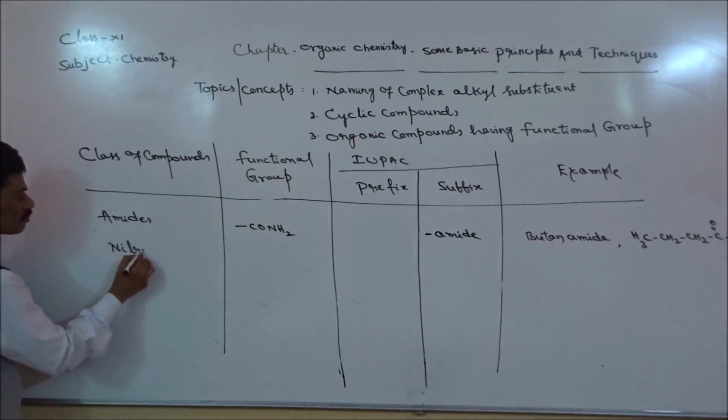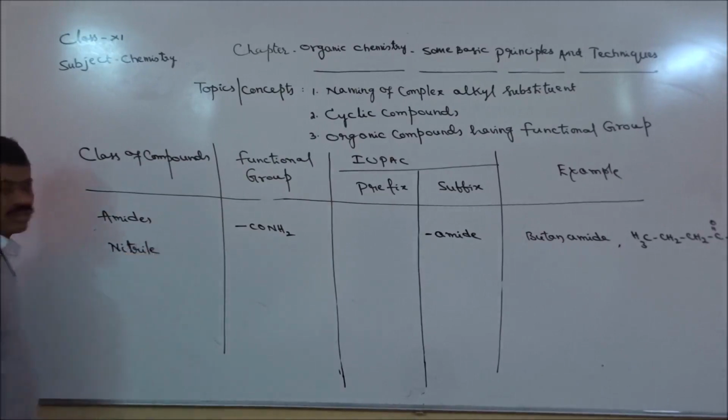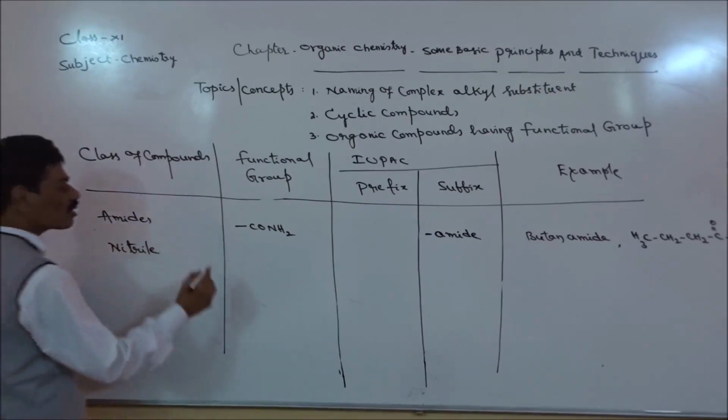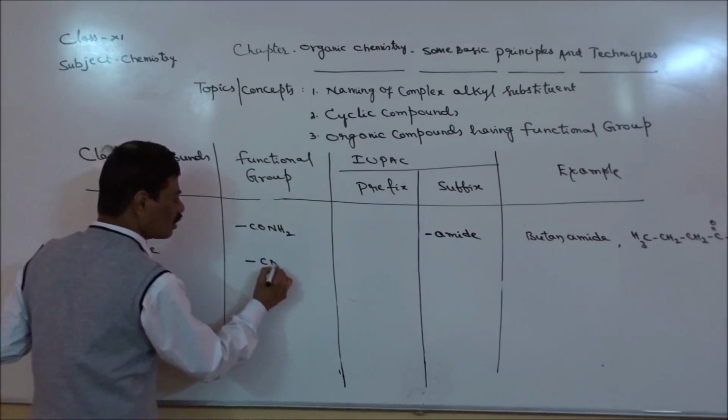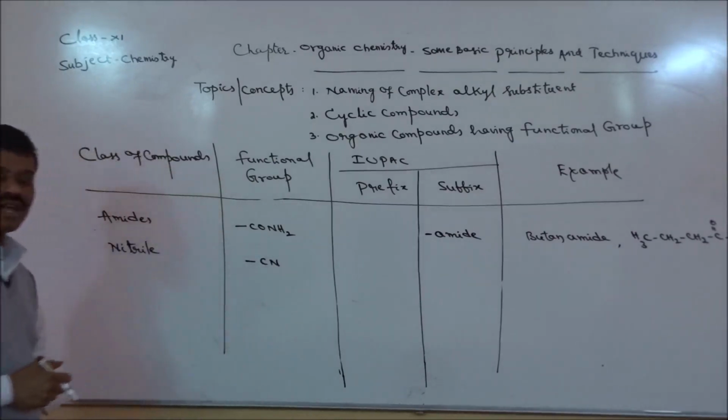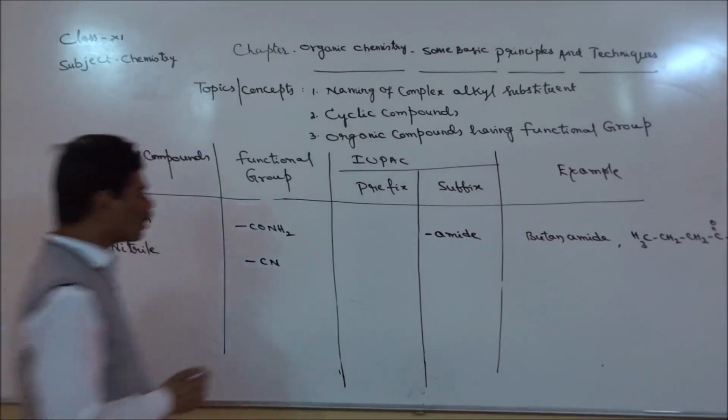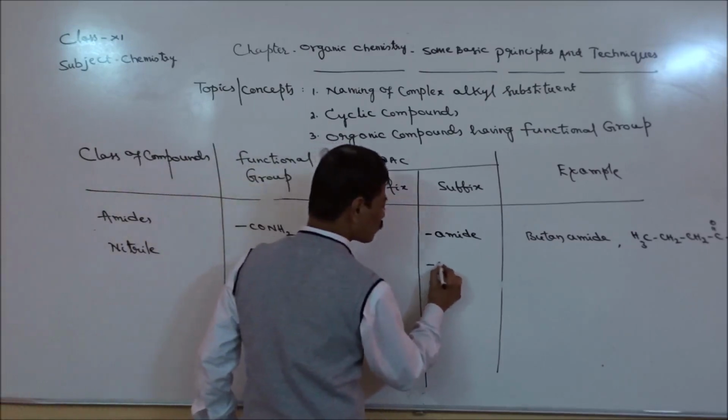Next class of compound is nitrile. The other name of nitrile is cyanide, which is a deadly poisonous substance, and its functional group is CN. And the name of the compound ends with -nitrile, so it is the suffix.